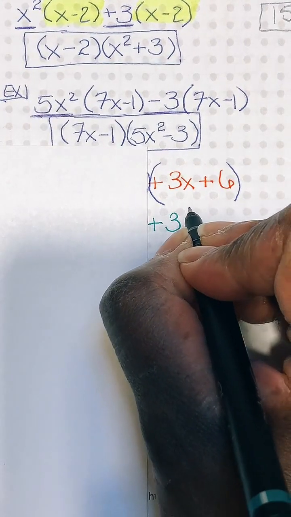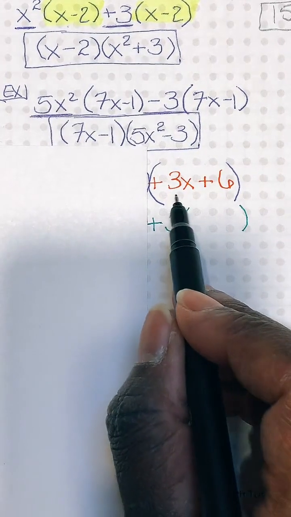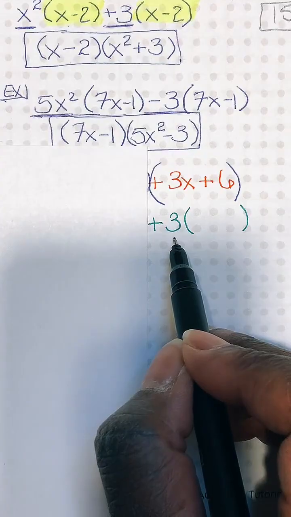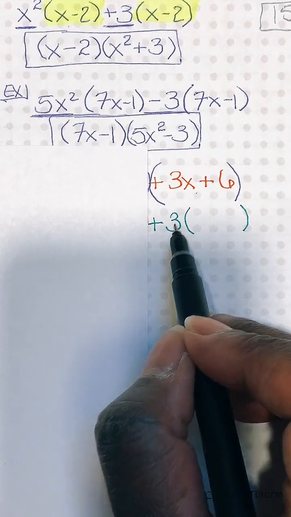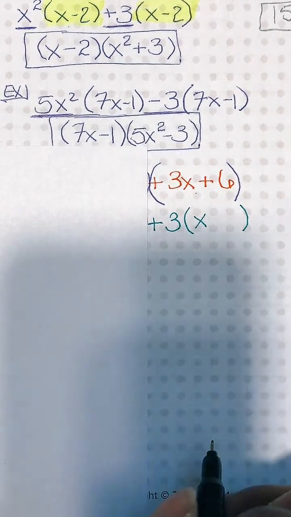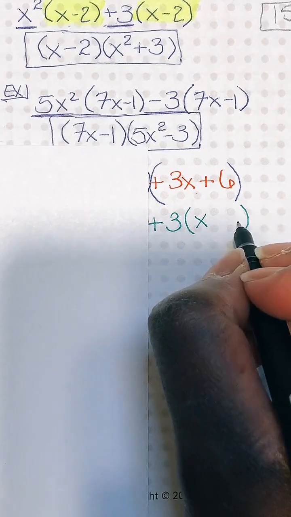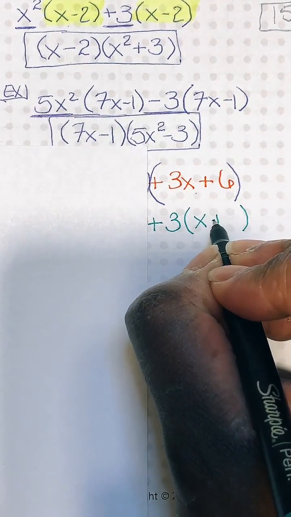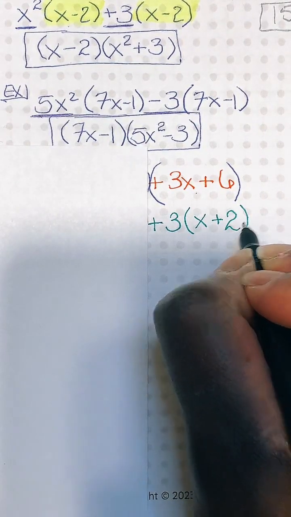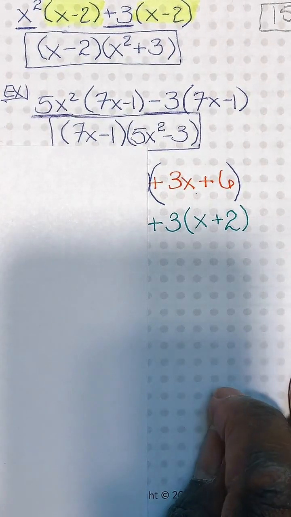So since we are factoring out the 3, you want to divide your original by that GCF. So 3x divided by 3 gives me 1x, or just x. And then plus 6 divided by 3, that gives me a plus 2. So 6 divided by a positive 3 gives me plus 2.